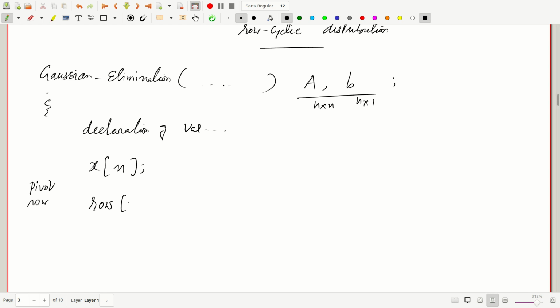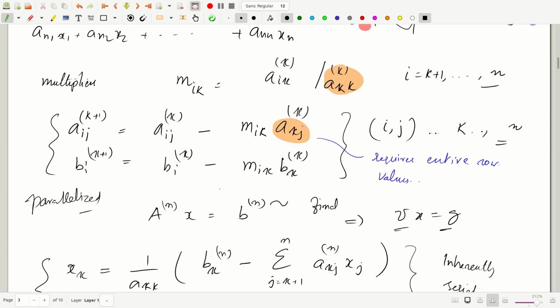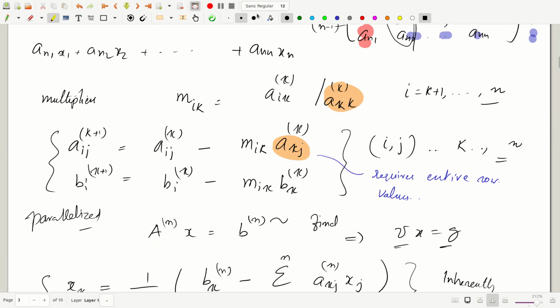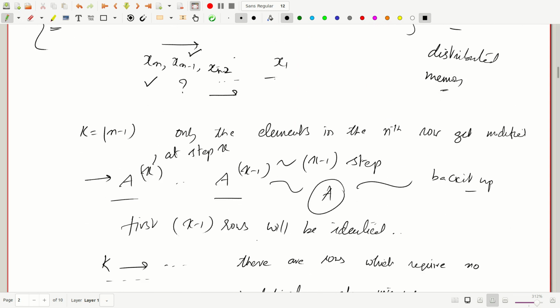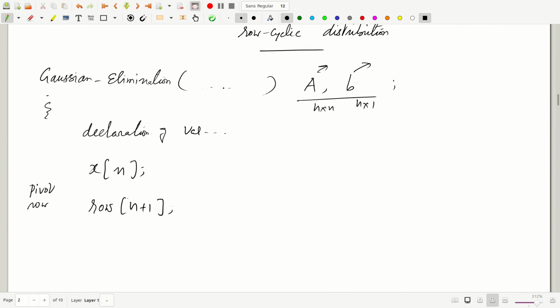The pivot row could be of size n, but what I would like to do is have n plus 1, because together with eliminating A, we also have to do operations on the right hand side vector B. So the element bk also needs to be passed to all the processes. So we would have the pivot row together with the right hand side vector b, passed in one go using this row of size n plus 1.